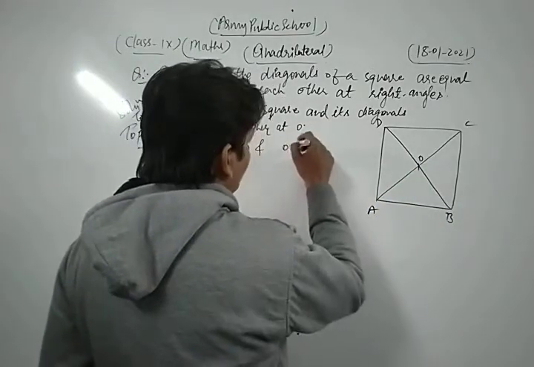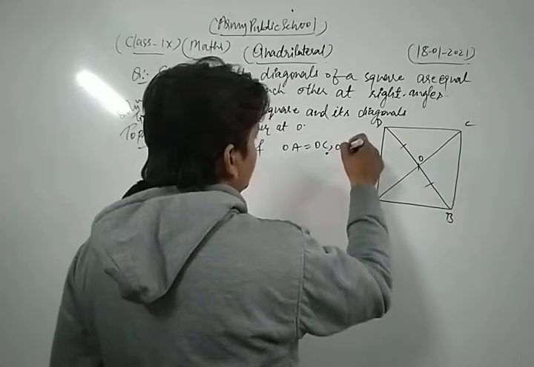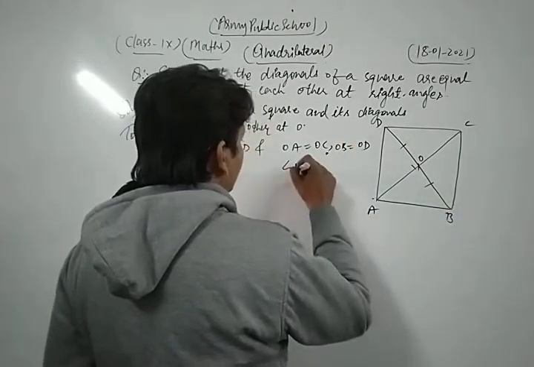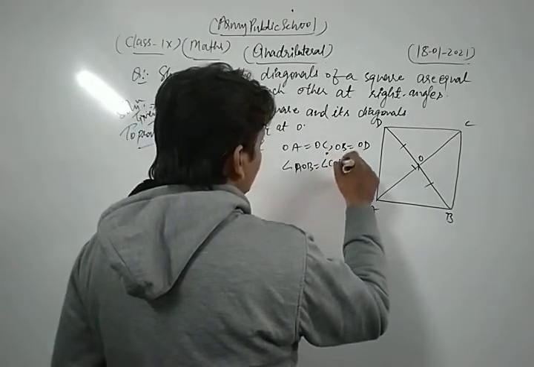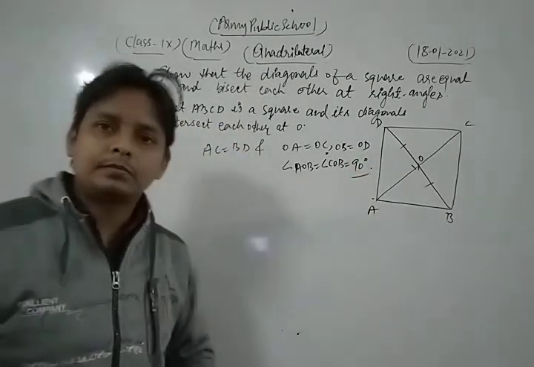Bisect each other means OA is equal to OC and OB is equal to OD, as well as angle AOB is equal to angle COB is equal to 90 degrees. We have to show this.